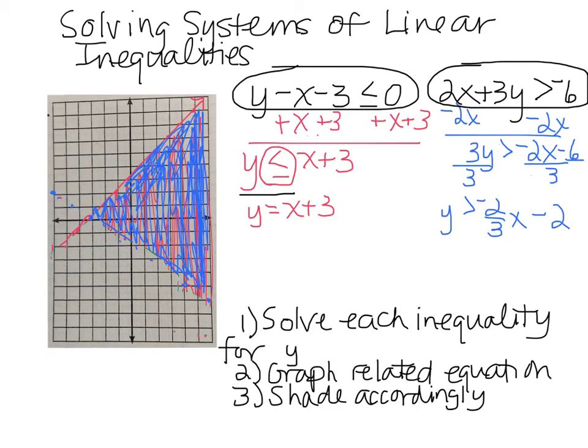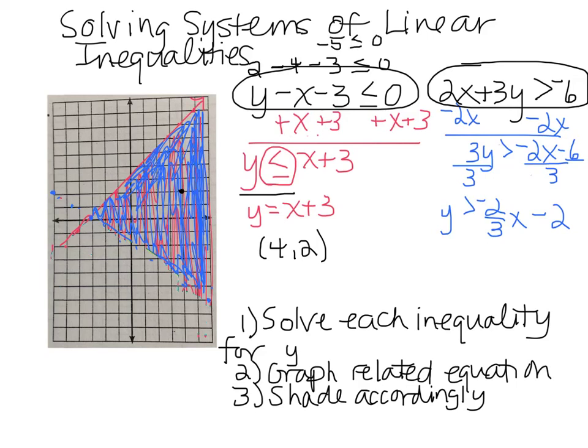So if I pick this point right here, that is the point 4, 2, and I plug in 4 for x and 2 for y, I say 2 minus 4 minus 3 is less than or equal to 0. It's certainly true, because that's negative 5 is less than or equal to 0.